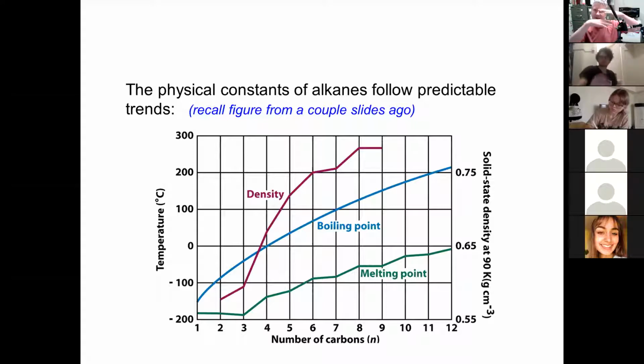Molecules start connecting a little bit non-covalently. As you add more carbons, they have this effect, and it's a surface area dependent effect. So you start adding more and more carbons, there's more of a surface area effect, and things like boiling point and melting point increase. The density increases because they can all stack on top of each other really efficiently. Okay.